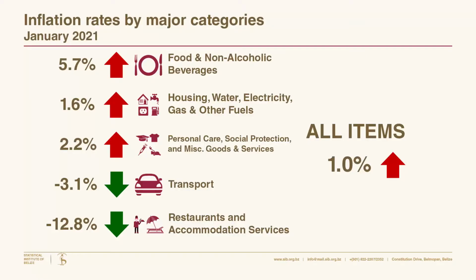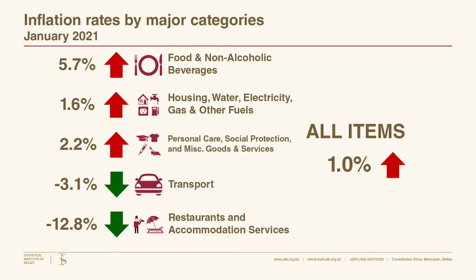Looking at the major categories affecting the inflation rate, the food and non-alcoholic beverages category increased by 5.7%. This was the primary category exerting upward pressure on the overall inflation rate. The housing, water, electricity, gas, and other fuel category increased by 1.6%.